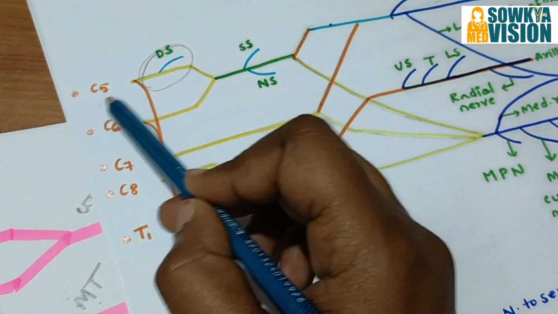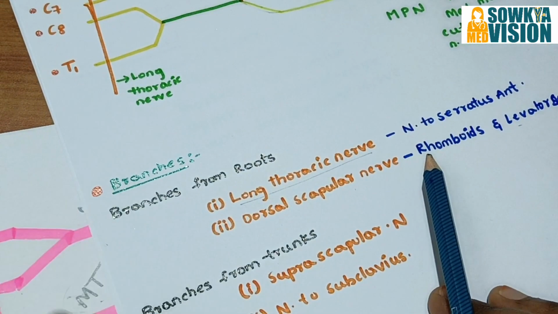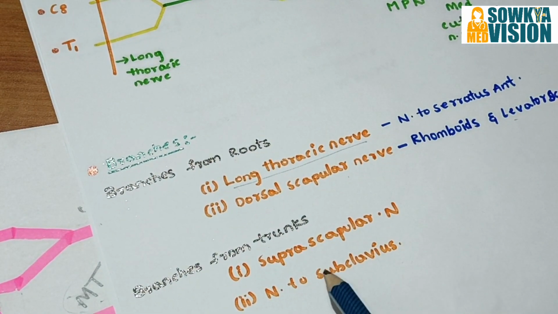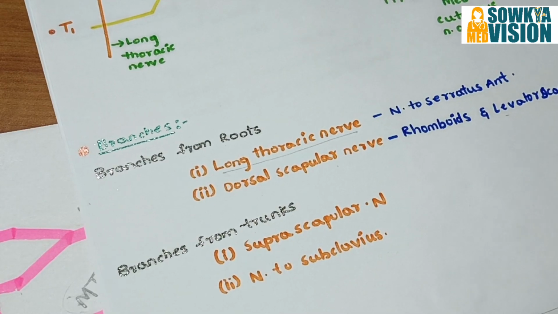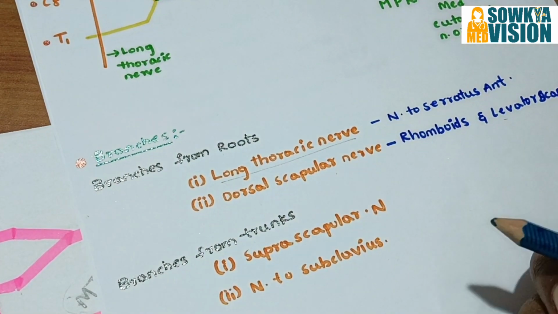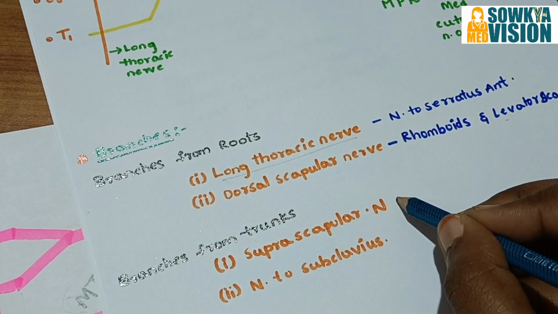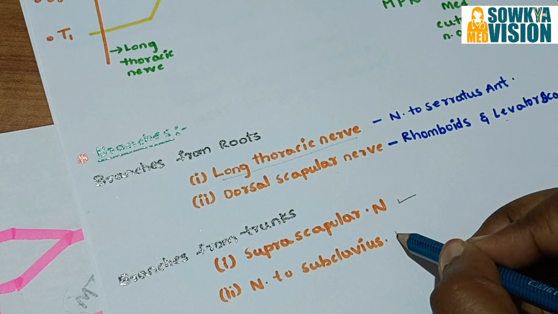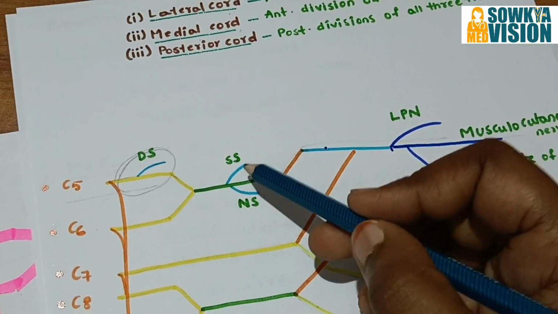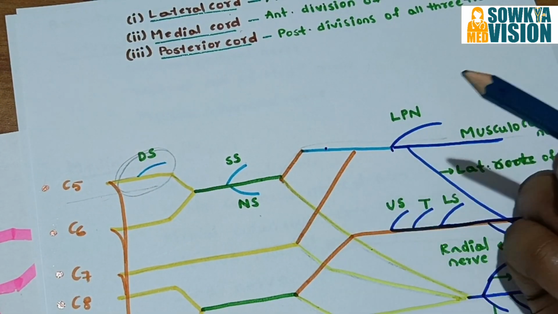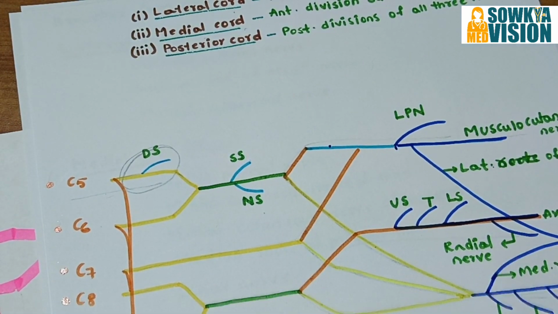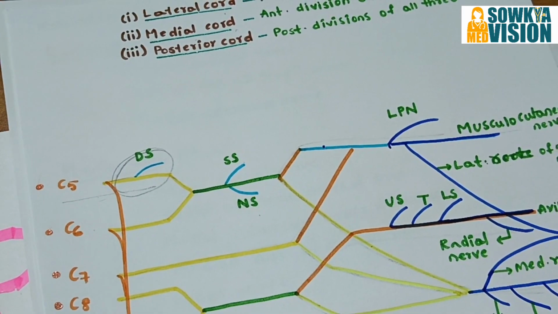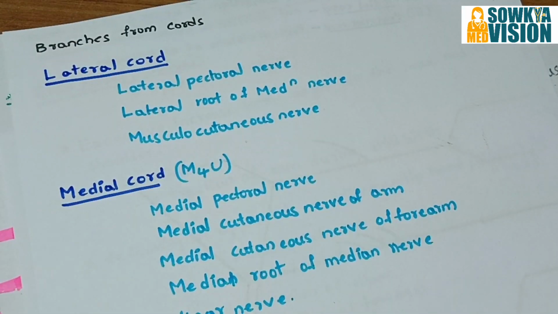Only from C5. Nerves from the trunks. These are suprascapular, presented above the clavicle. What are the 2 branches from the trunks? Suprascapular nerve, nerve to subclavius. See, suprascapular, nerve to subclavius.